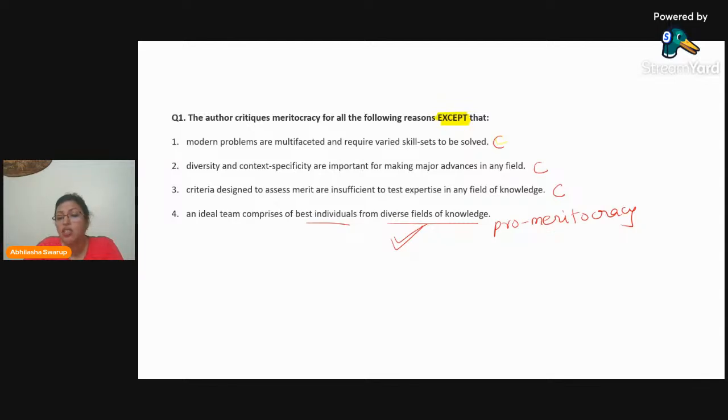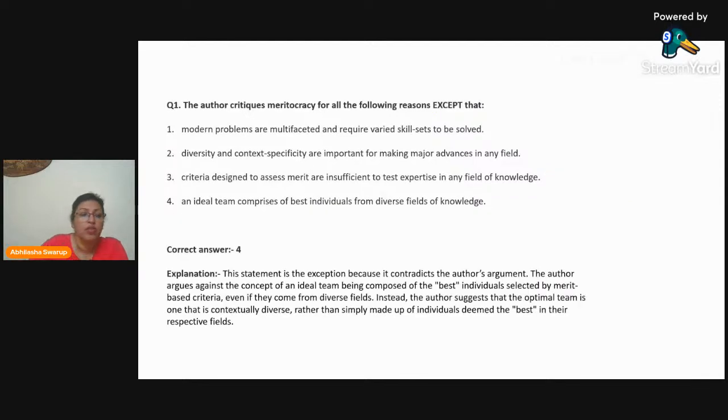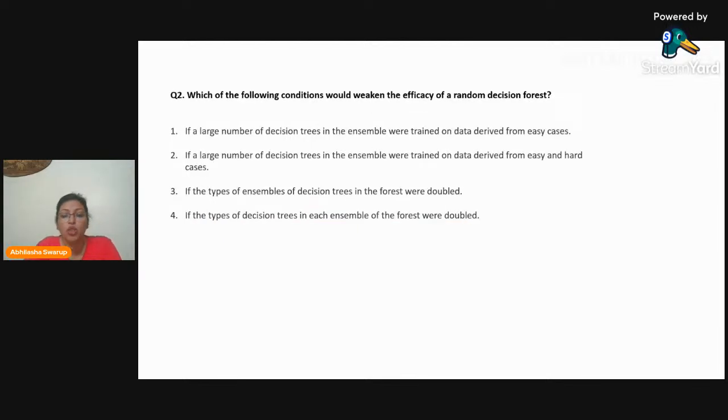Anyone else? Others? All right, let's check if the answer is correct. Yes, the correct answer is 4, which is an ideal team comprises of best individuals from diverse field of knowledge. So therefore, yes, the correct answer. Very good. Let's look at question number 2.